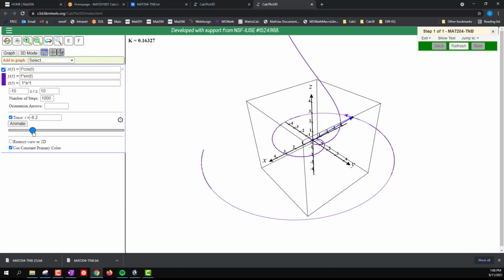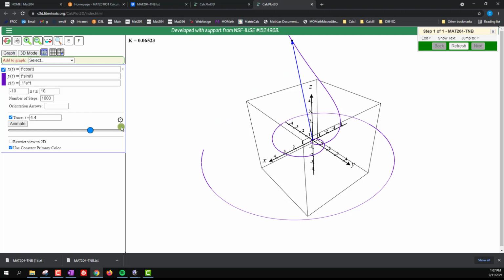And you can see that as I move through here, there are the curvature values. Watch them change in comparison to the curve itself. Notice that where the curve is changing direction most rapidly, that's where the curvature takes on the greatest value. And notice as it gets further out, right around here, although the curve is changing position quickly, it is not changing direction all that quickly, and so the curvature k is a small number.